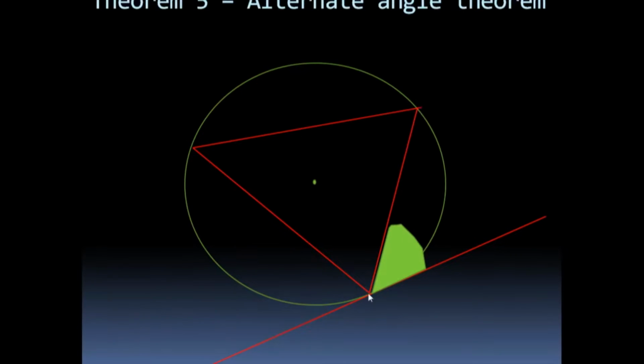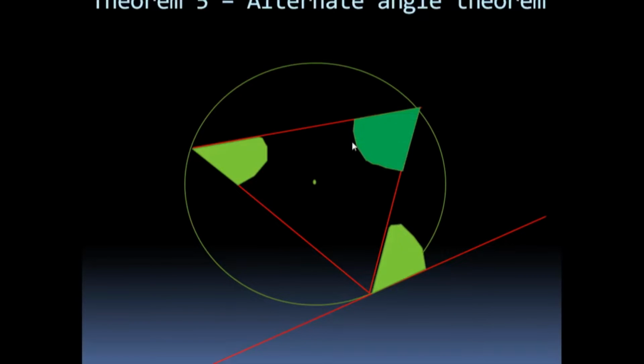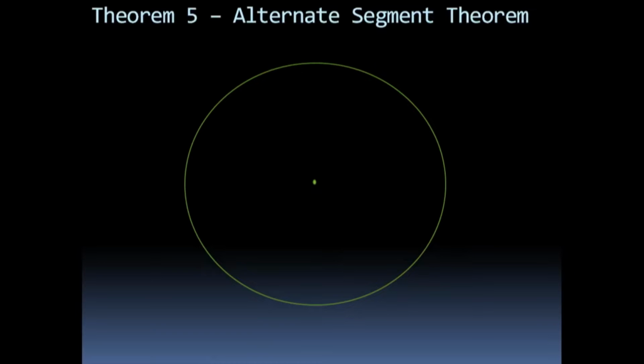So the angle between the tangent and the chord is equal to what? This angle over here. So we're still on the alternate segment theorem, the alternate segment or alternate angle theorem. And this angle here will match this angle here. Alternate segment theorem.